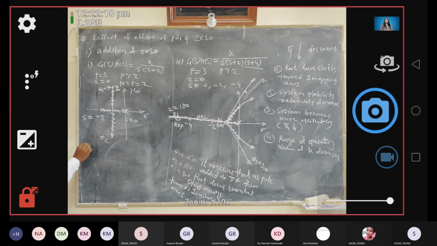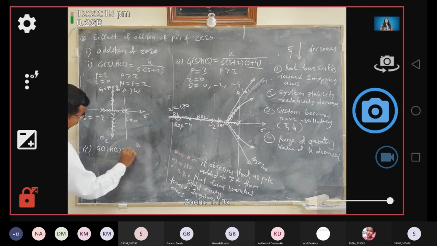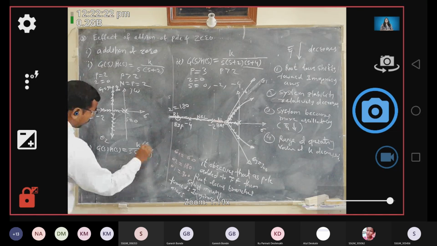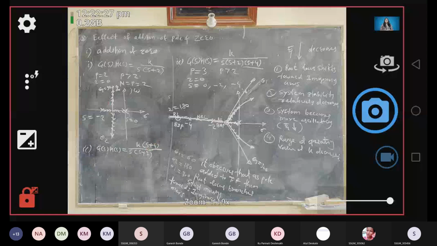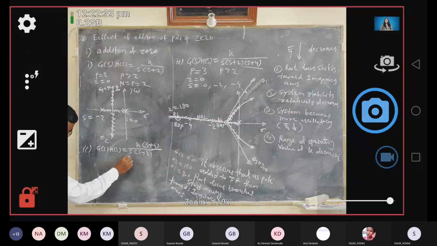Then in the second case, G of S into H of S equals K upon S into S plus 2, and here we are going to add one zero into the system, that is S plus 4. So how is the rough sketch of your root locus?